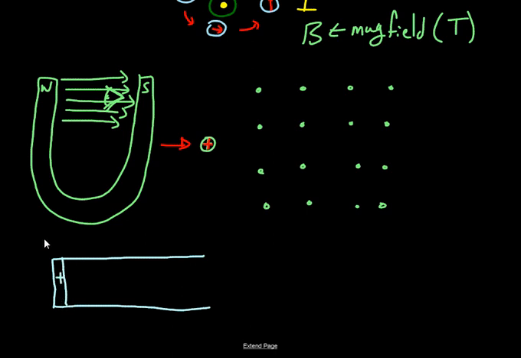Have some way of injecting ions into here, which you can do. Put a negative plate over here, like that. If you think about it, you put some ionized hydrogen ions or whatever it happens to be. Anything really that has a positive charge, alpha particles, whatever, it doesn't matter.